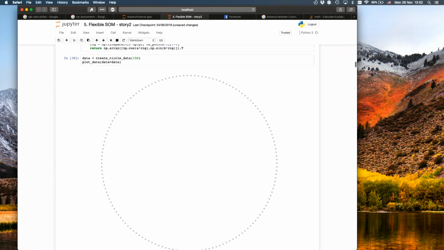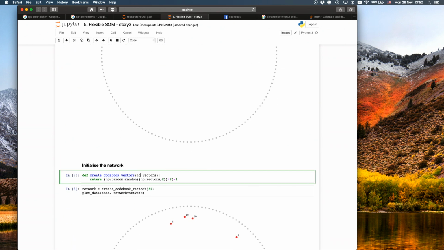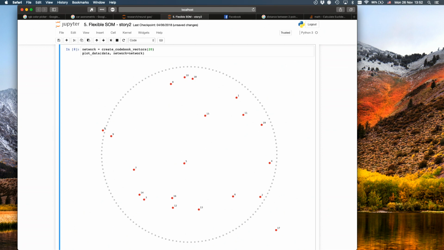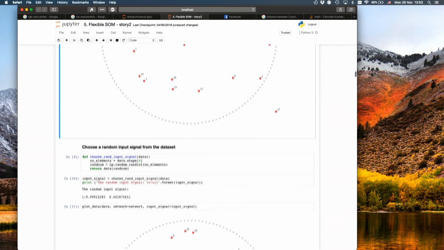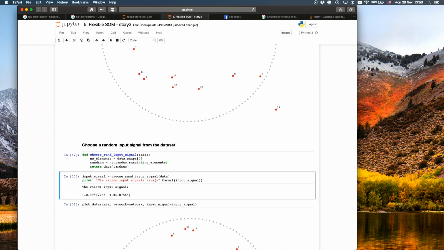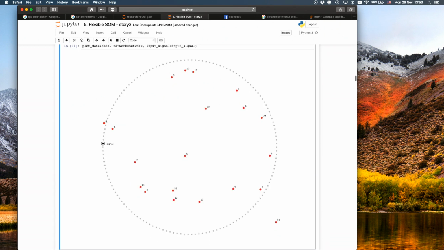So if this is my data, these points around the circle, and this is my structure of points which will need to adapt to represent this circle. I discovered some mathematical properties. For example, instead of just the best matching unit, I also have a signal here.